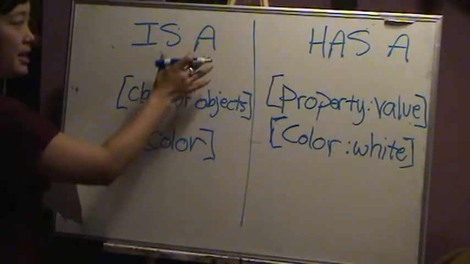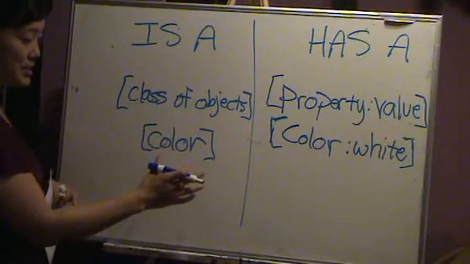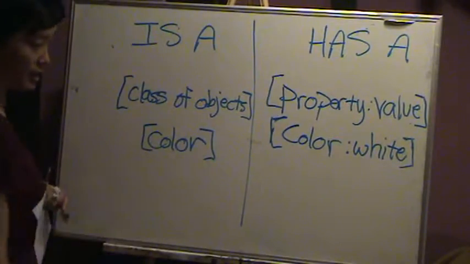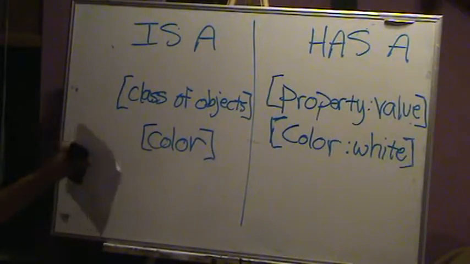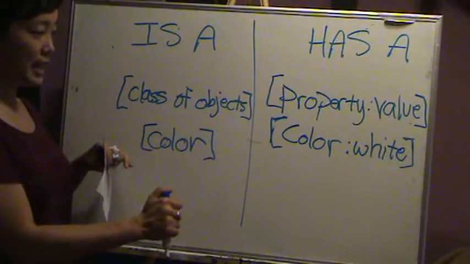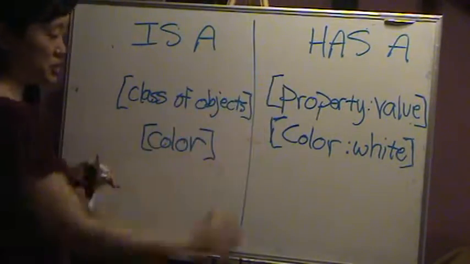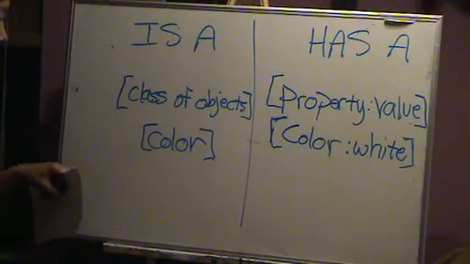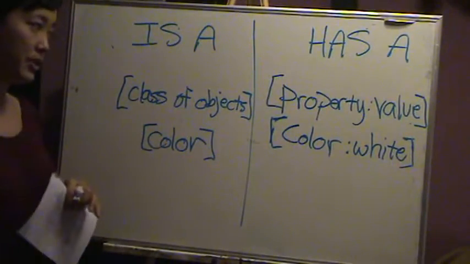What I mean to say is the is a relationship can only have on its right side a class of object. So again, I propose that all knowledge can be represented with these two relationships, is a and has a, and these two objects, which is property value or class of objects.